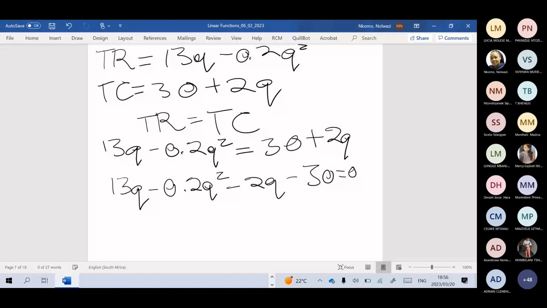If I collect the like terms, we'll have minus 0.2Q squared. We have 13Q and minus 2Q, which will give us 11Q, and we have minus 30 equals 0, right?